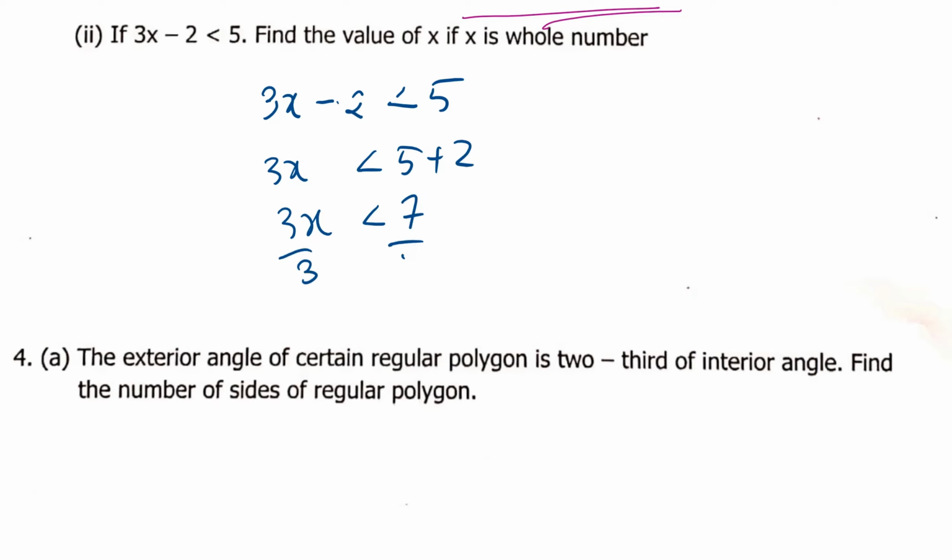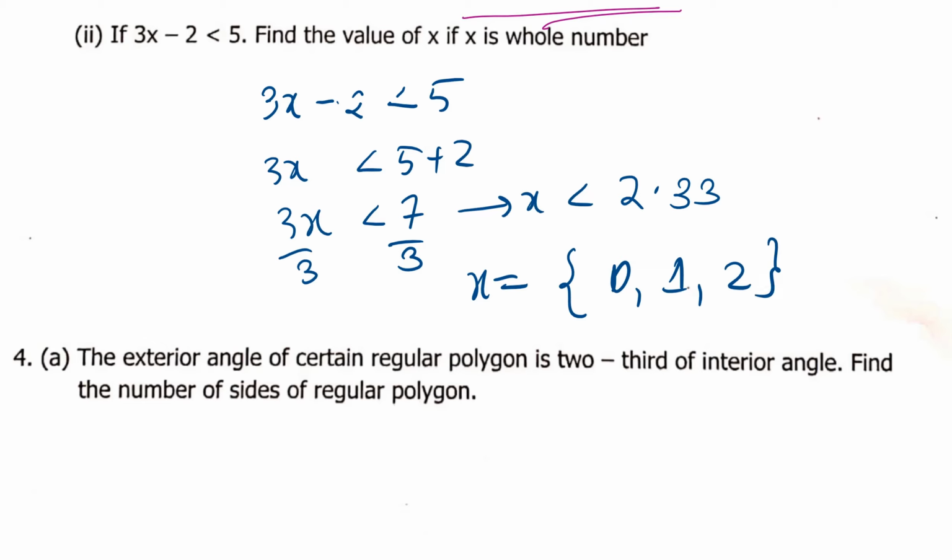So x is less than 7 divided by 3, you get 2.33. Okay, but we are told that x is a whole number. So if x is a whole number, it means the value of x will be equal to 0, 1, 2. All these are the values of x.